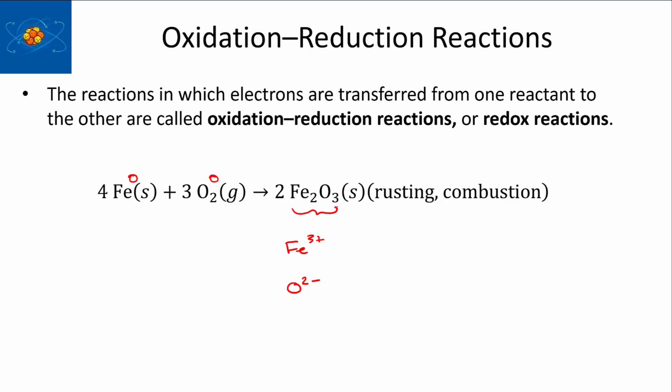So, having said that, what happened? Well, the iron went from Fe 0 to Fe 3 plus, and since the oxidation number went up, it lost electrons. So each iron lost 3 electrons, right? So iron is being oxidized.